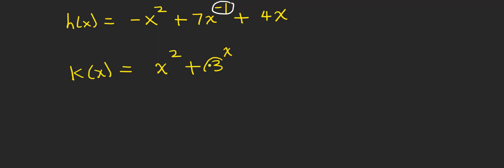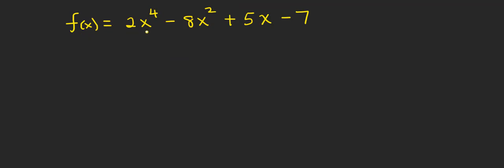First of all, the base over here is not x, and the exponent is not a positive integer. So k of x is not a polynomial. In order to be a polynomial, the base has to be a variable, and the exponent has to be 0 or positive integers.